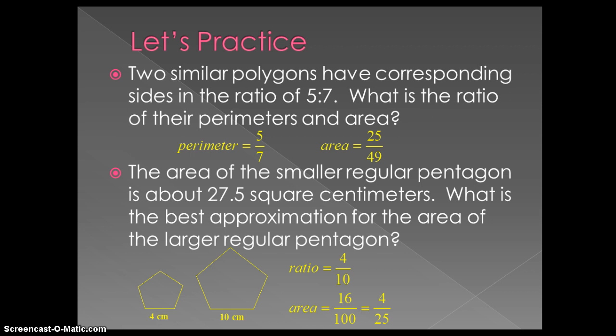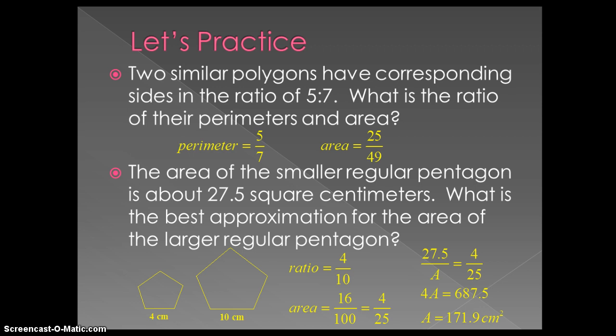Because we now know the ratio of their areas, we can set up a proportion to find the actual area. Our ratio is 4 to 25. We know the area of the smaller pentagon is 27.5, so we're going to put that at the top of our fraction because it goes with the 4, over the unknown area of our larger pentagon, which goes with the 25.